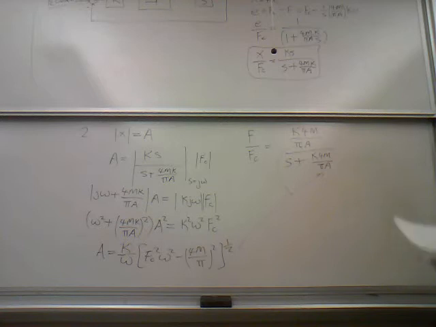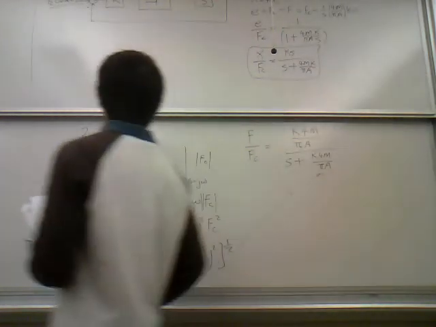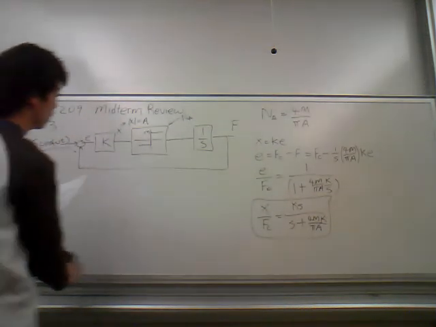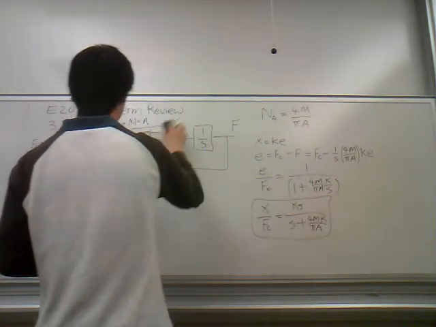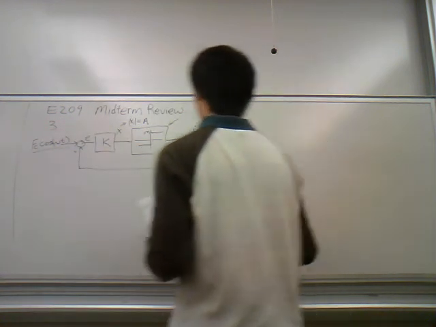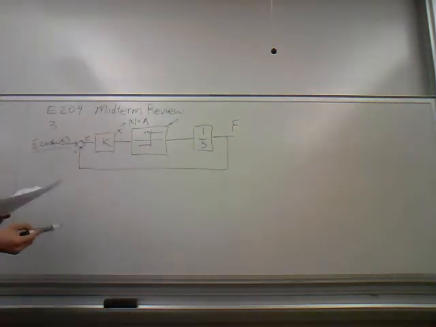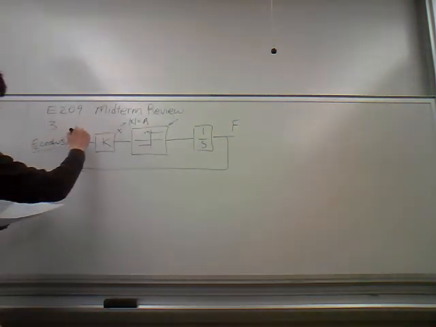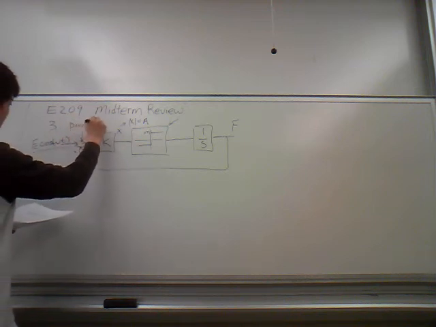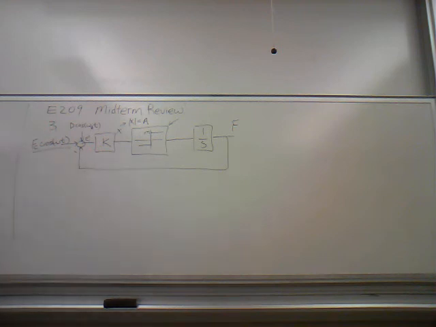In part B, you add the dither signal. So we add the dither signal, and we want to again derive the closed loop transfer function, and it asks, does it depend on FC?